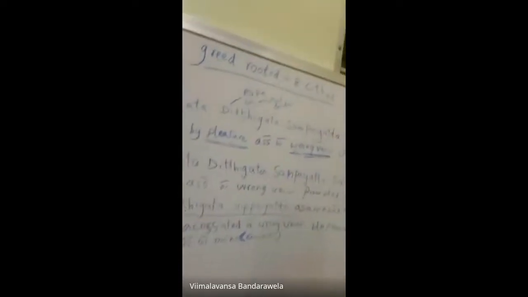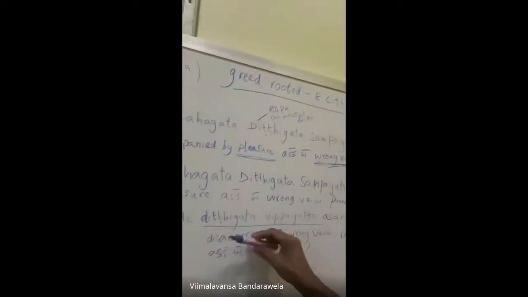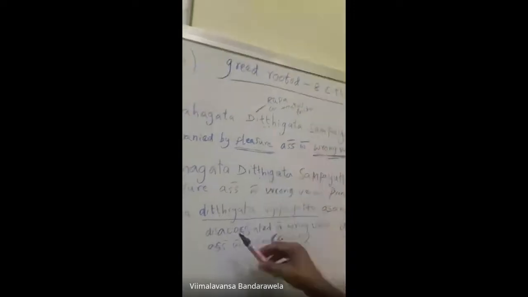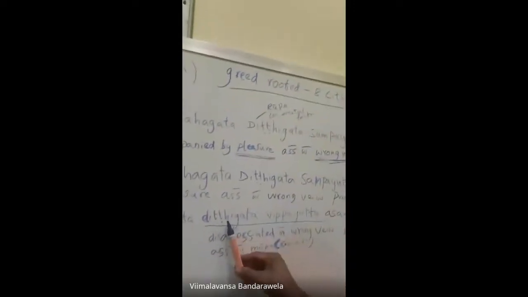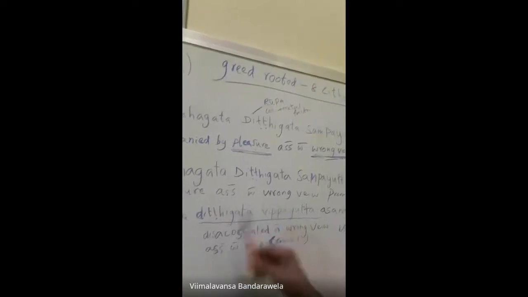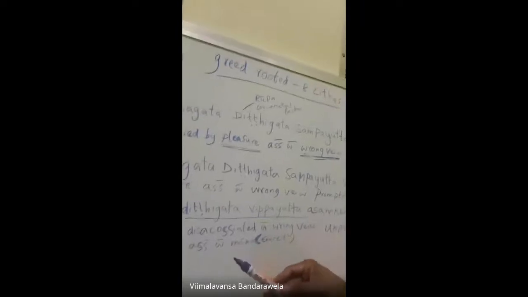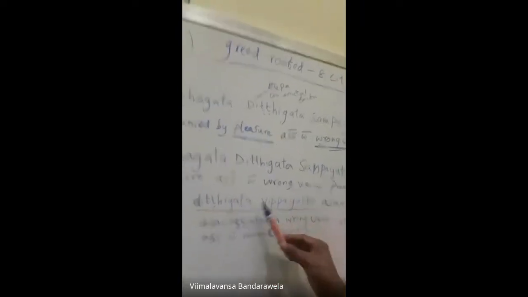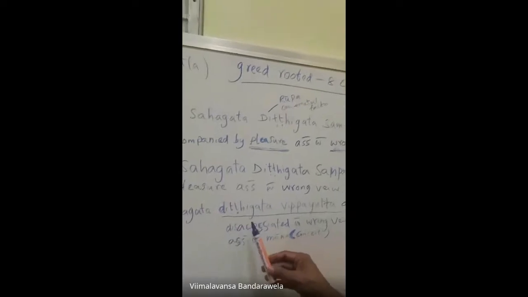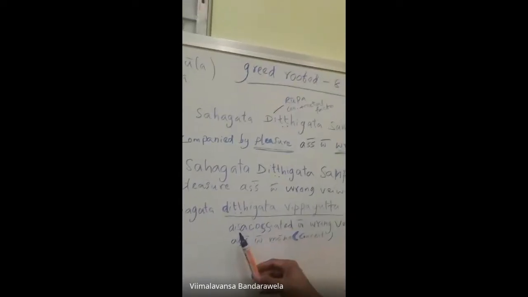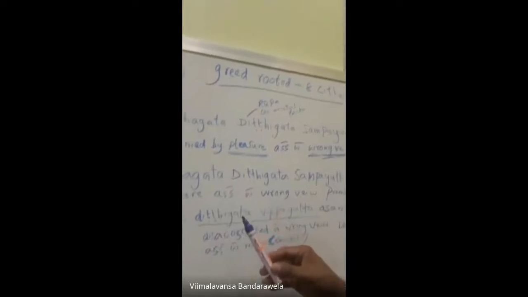Associated with conceit then. That means now your consciousness has an object, but you don't have any wrong view here. Wrong view means like the perpetual view, sassata ditti, or the annihilation view, uccheda ditti.